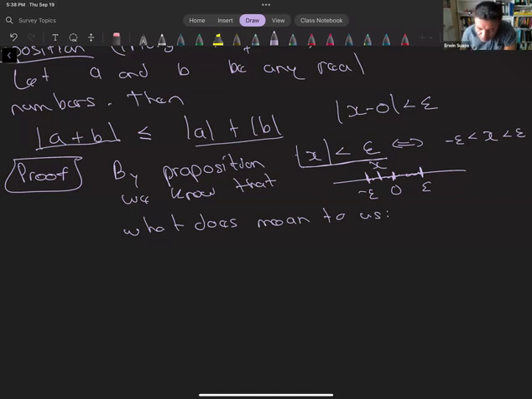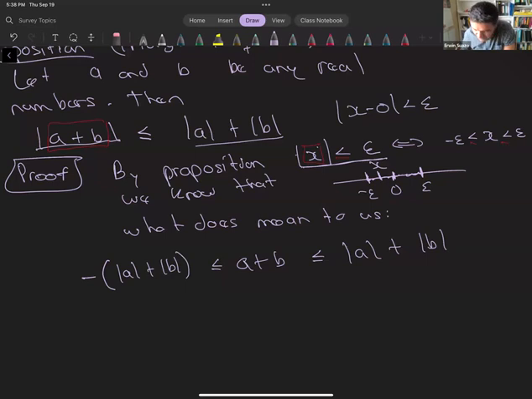This guy, x, is this guy, right? And this is less or equal, so this is also less or equal. There's no problem with that. So this guy is less or equal than this guy. It means a plus b is between the absolute value of a plus the absolute value of b, and this is bigger or equal than minus the absolute value of a plus the absolute value of b. Okay, that's what we need to prove.